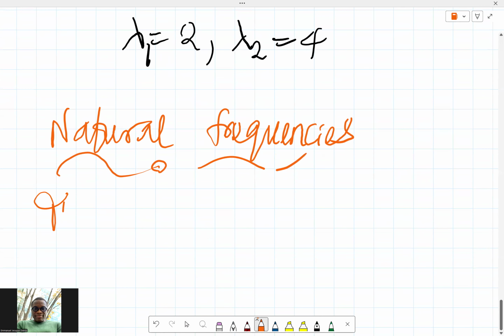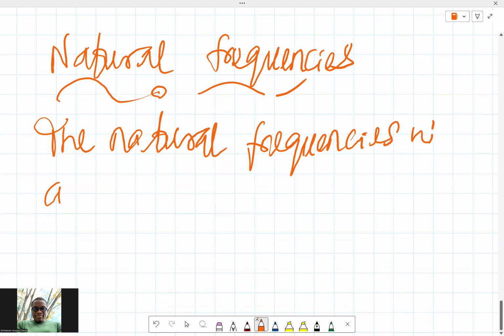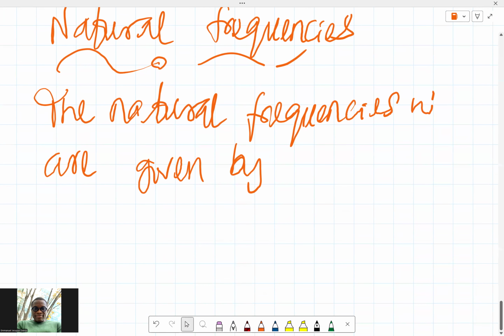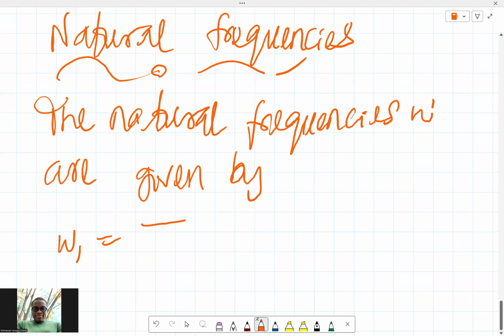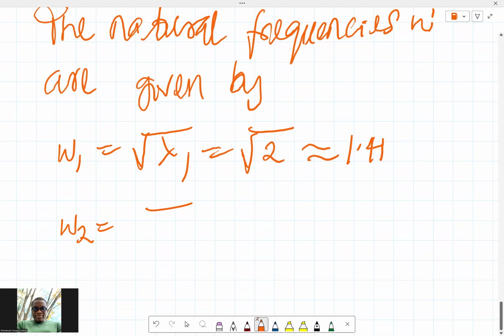So the natural frequencies omega are given by: first we have omega 1, which is square root of lambda 1, that is square root of 2, and that is approximately 1.41. Then we have omega 2, which is square root of lambda 2, that is square root of 4, which is exactly 2.